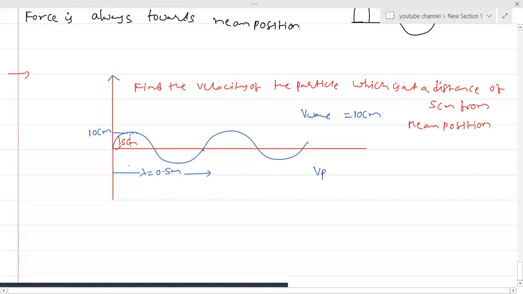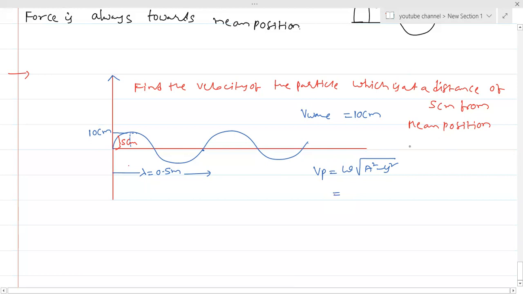Velocity of the particle is equivalent to omega into root over a square minus y square. So by substituting the respective values, we know the velocity of the wave is equivalent to omega by k. Already we know the value.